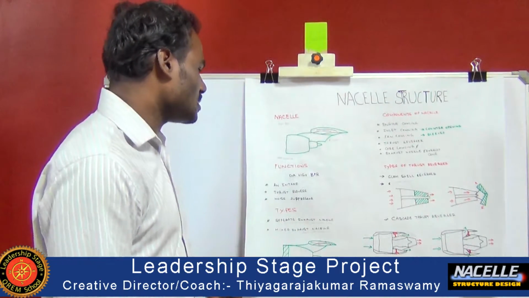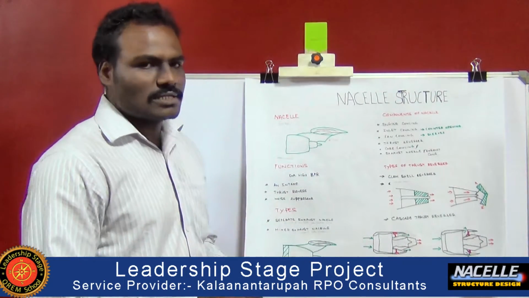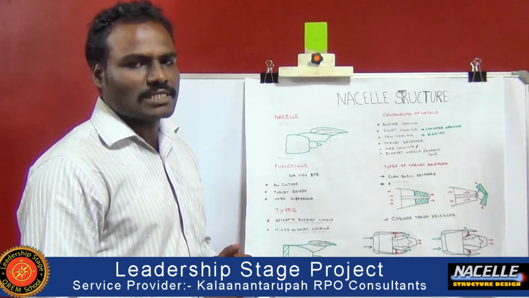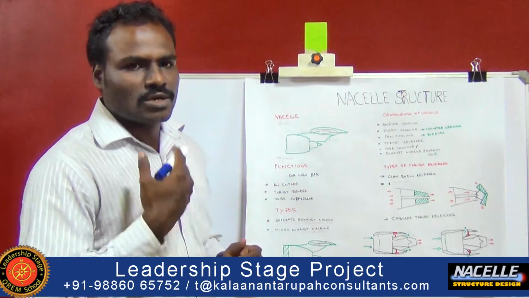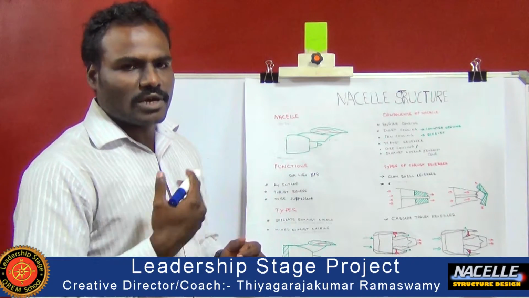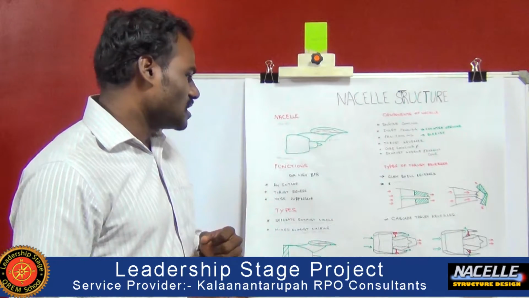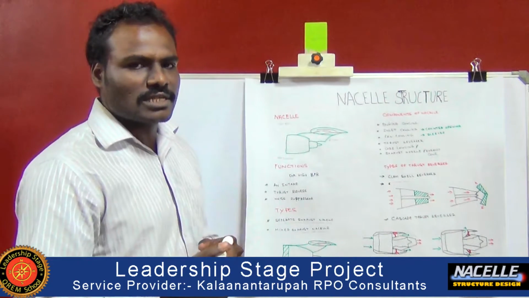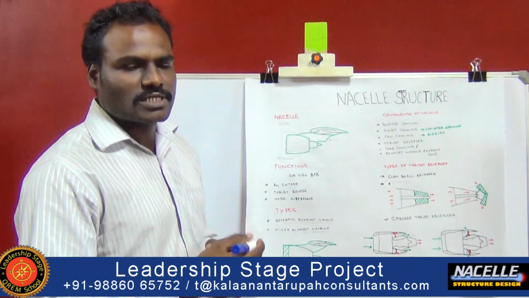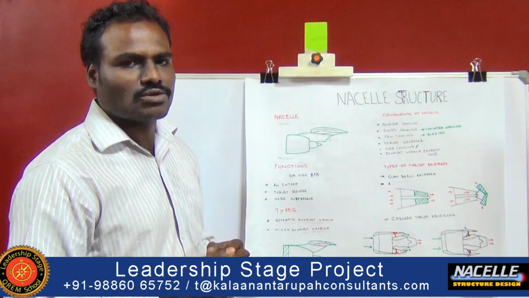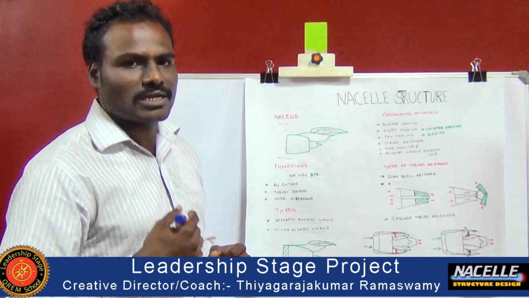Now we are going to discuss the functions of the nacelle. The nacelle acts as an intake which sucks the air from the atmosphere and delivers it to the engine fans, so that the air can be sent to the combustion chamber for a better thrust value.